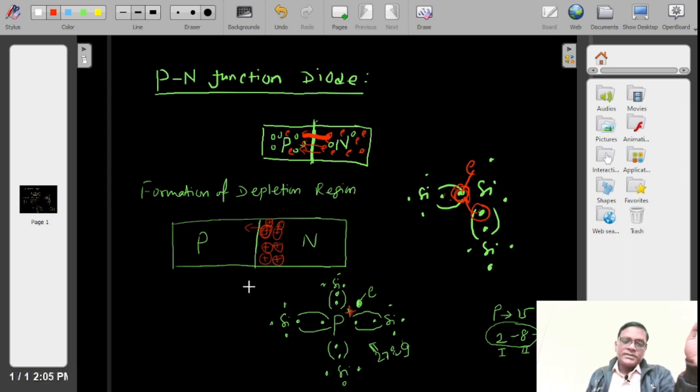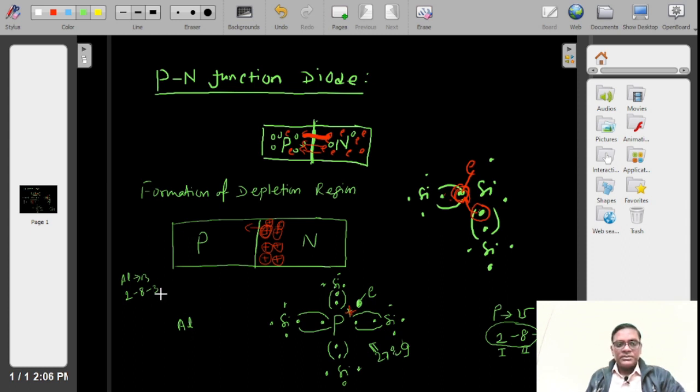At the same time, on the p side, the structure has trivalent impurities. If the trivalent impurity is aluminum, as we know aluminum has atomic number 13. So in the first orbit 2, second orbit 8, and third orbit it will have 3 electrons.